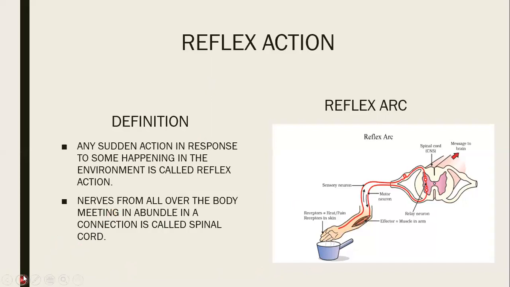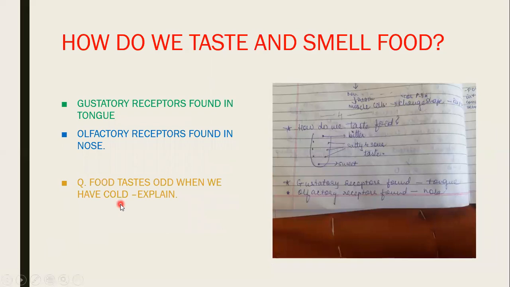Yes. The next concept is very simple, and then I think we will stop and end the topic. How do we taste a food, and how do we smell a particular thing? How do we taste a food? There are distinct regions on the tongue where the main tastes are detected, and these taste buds are on the tip of the tongue.